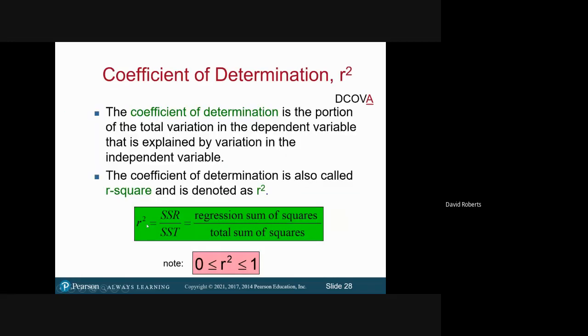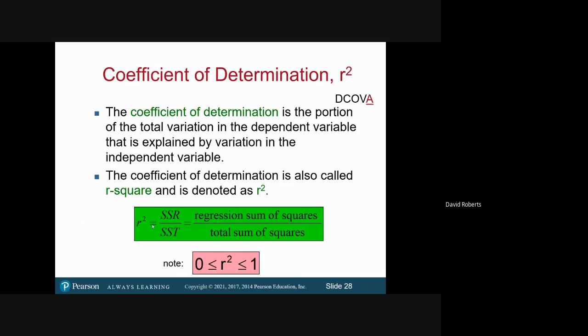Now, what's really important with this is not the SSR and the SSE. It's the ratio between the two, something called R squared. So what they do is they take SSR, the regression sum of squares, and divide it by the total sum of squares. So your SSR divided by SST gives you R squared. This is the important number.